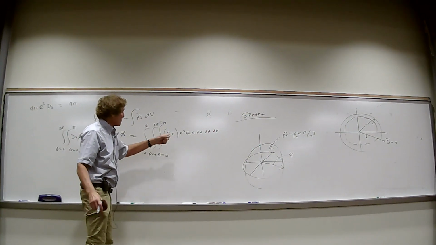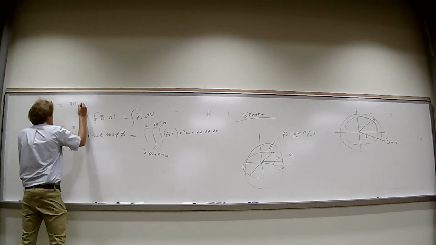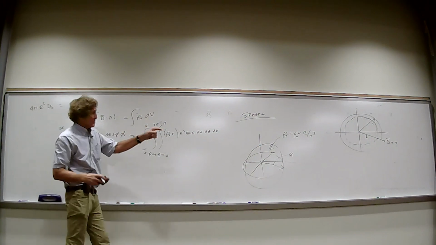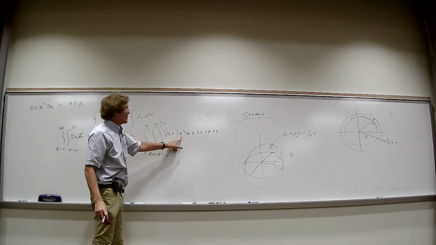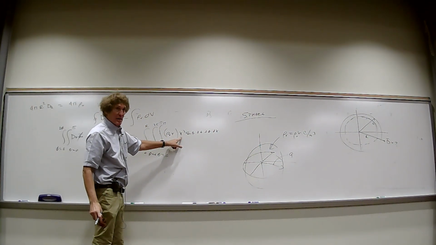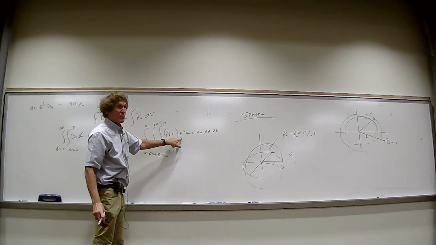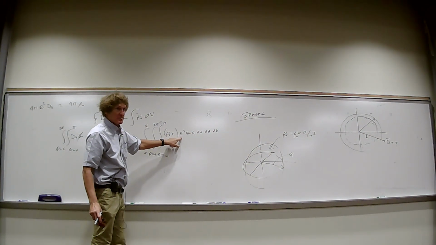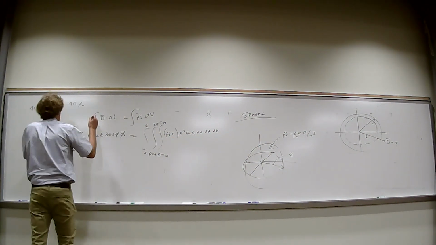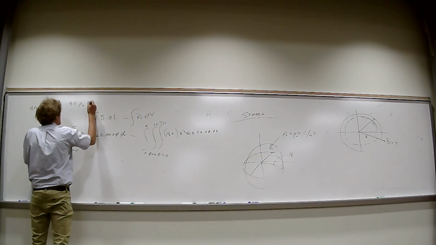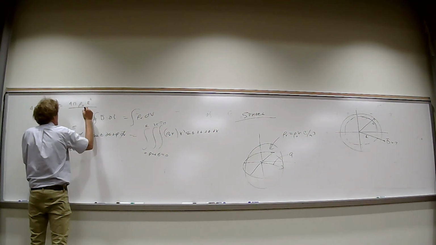Now here I have rho naught. And then I made this to be a function of r. So now I got r cubed dr, right? What is r cubed dr? Integrated, it's r to the 4th over 4, isn't it, class? So this becomes r to the 4th over 4.